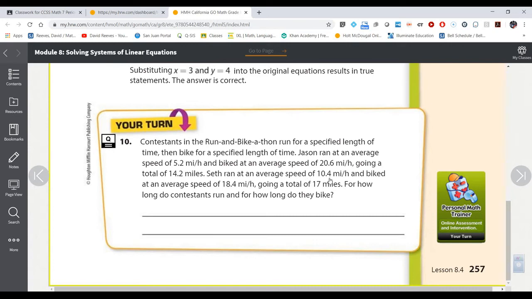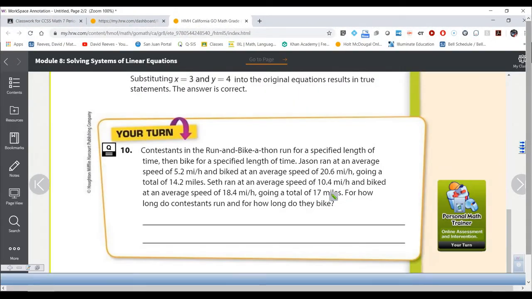Seth ran at an average speed of 10.4 miles an hour, biked at 18.4 miles an hour, and he went a total of 17 miles. For how long do the contestants run, and for how long do they bike? So remember, when you want to know what you want to know, look usually at the end of the problem.